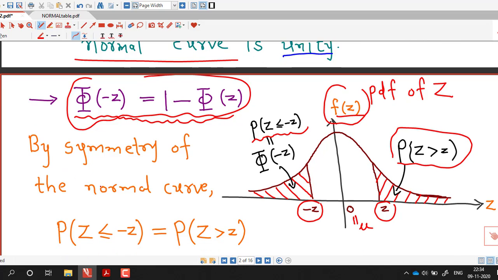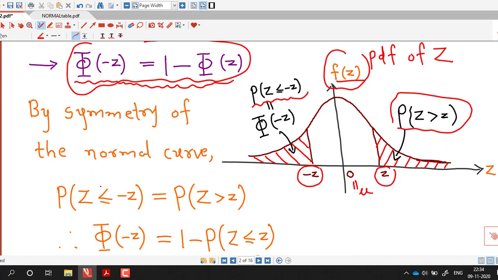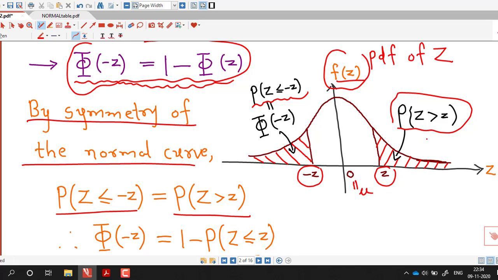So from this symmetry of the normal curve we can write probability that capital Z is less than or equal to minus z is nothing but probability that capital Z is greater than z.